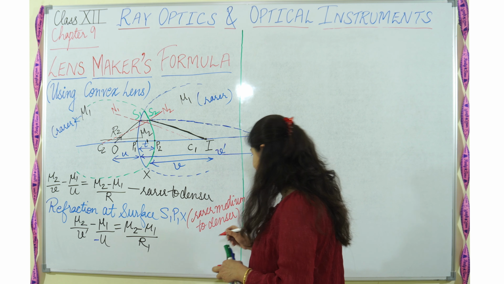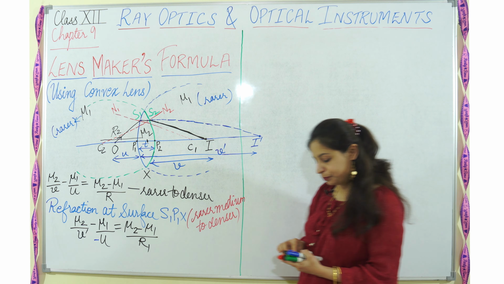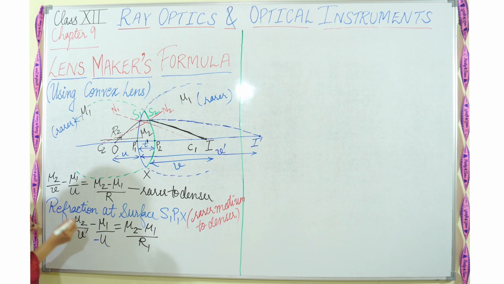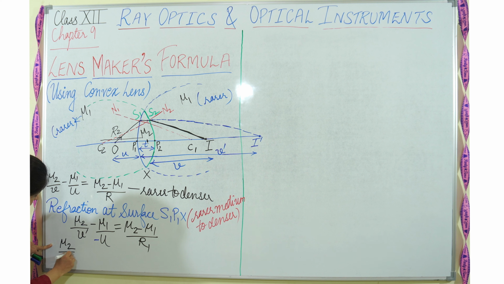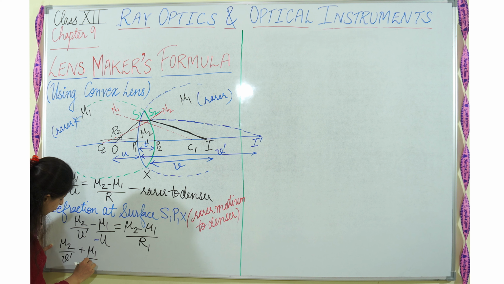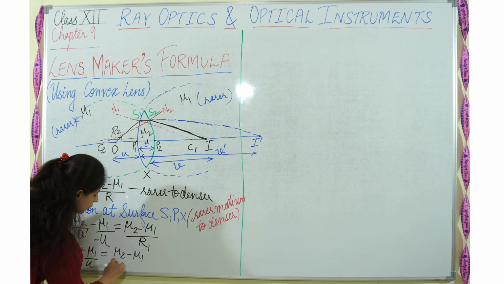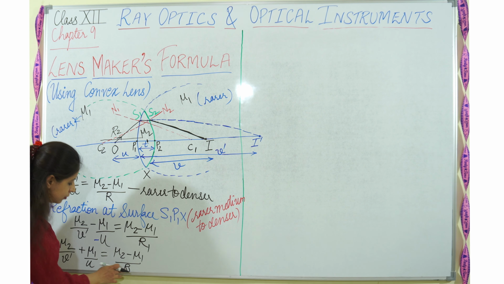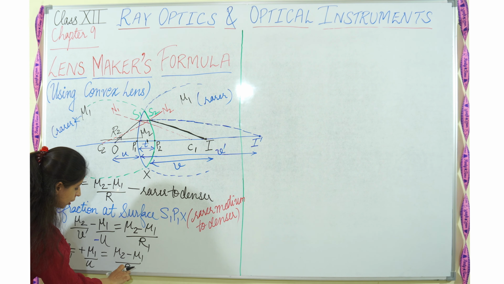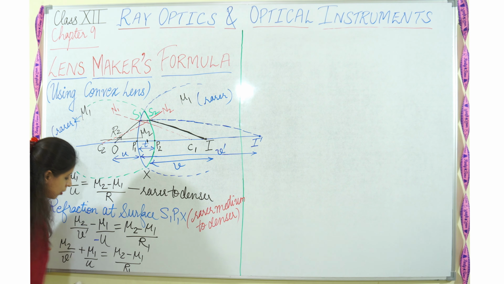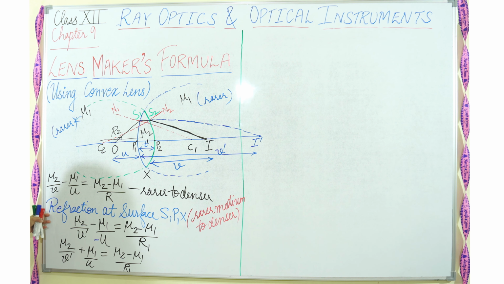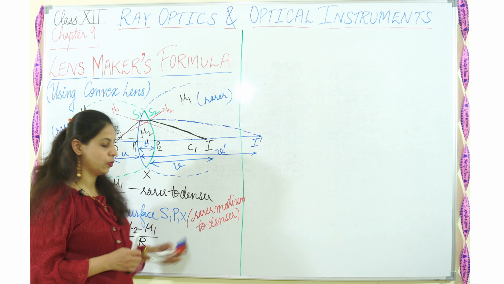If we simplify it more, we will be getting over here mu2 upon v dash plus mu1 upon u is equal to mu2 minus mu1 upon r1. So this is my refraction at the surface S1 P1 X.